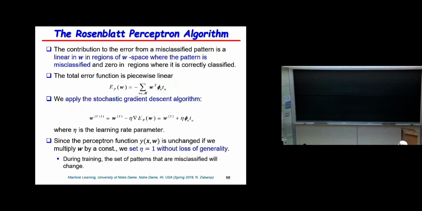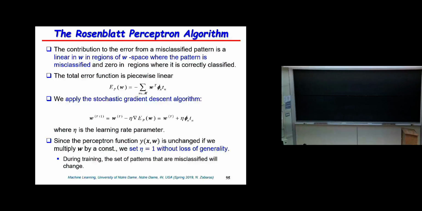All right. This is a fantastic demonstration of Robbins Monro, because if the error function that you want to minimize looks like this, the update of the parameters is the previous parameters minus the learning rate times the gradient, one misclassified point at a time. If you take derivatives of this with respect to W, what you get is phi n times Tn.